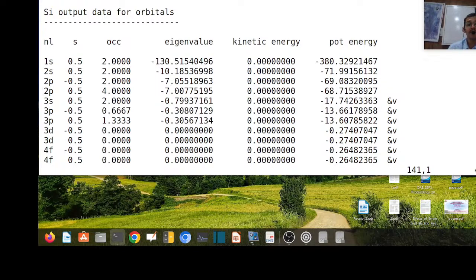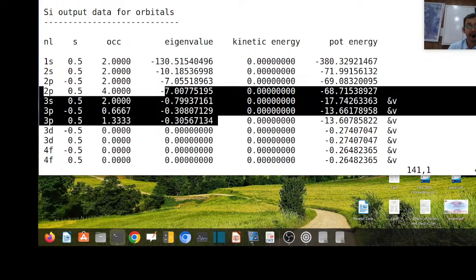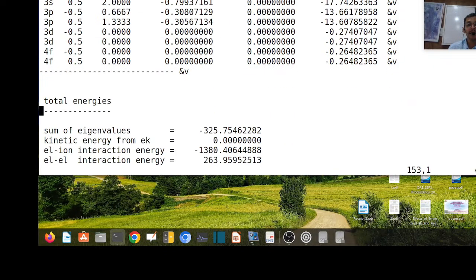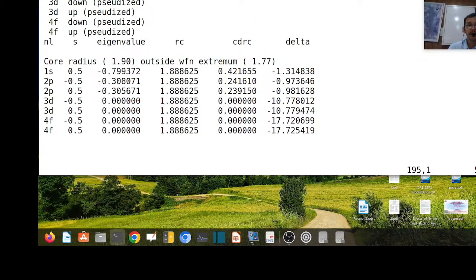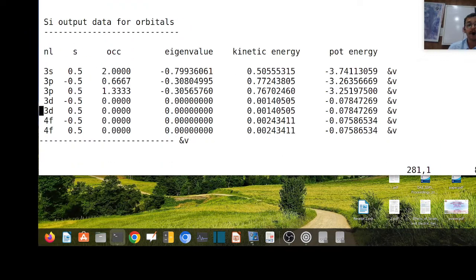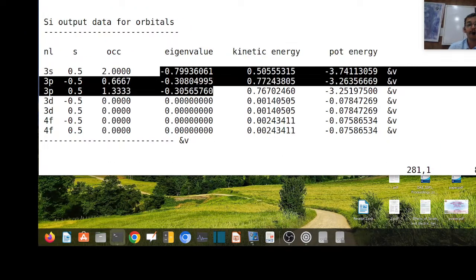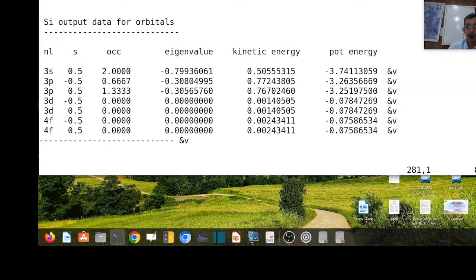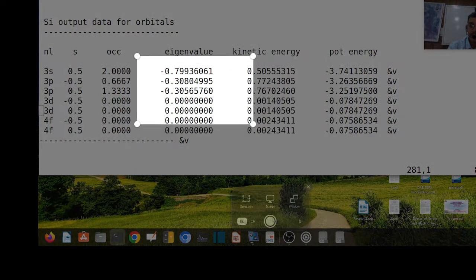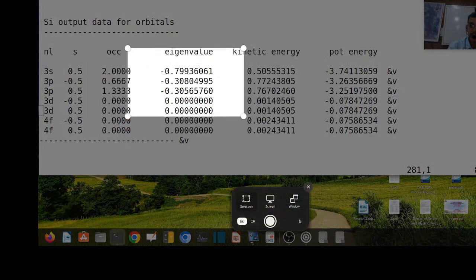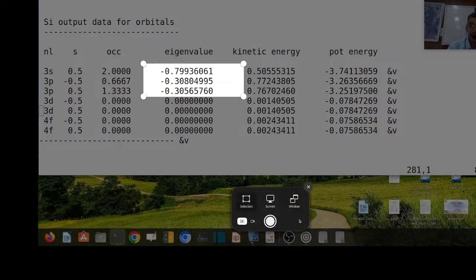Eigenvalues of energy, difference between this and, for this, not for this, but for pseudo, it should be, because 3s and 3p, let me, this corresponds to this, these eigenvalues correspond to 3s and 3p.